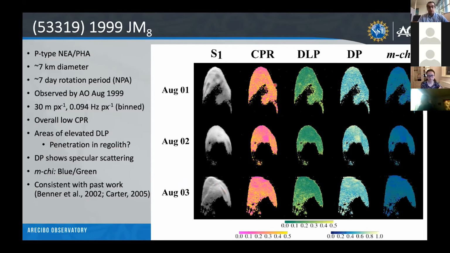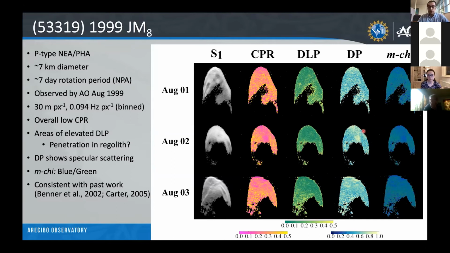And then you have the delayed Doppler images that have been created for the various parameters: circular polarization ratio, degree of linear polarization, degree of polarization, and M-chi decomposition. So just a few highlights here. The CPR measured for this object is very low, and these areas of concentrated very low CPR indicate that there's possible specular scattering going on, which would have an increase in the opposite sense radar power.